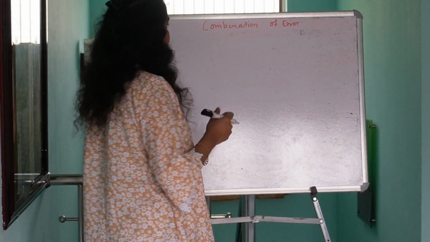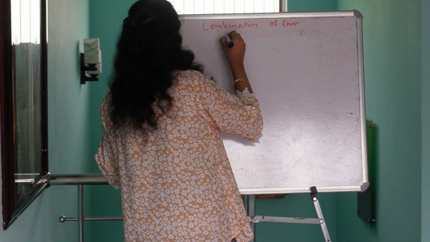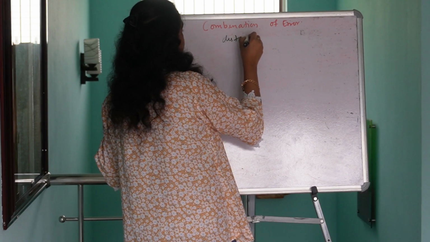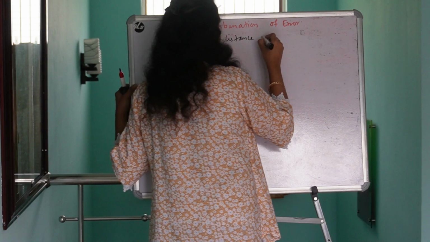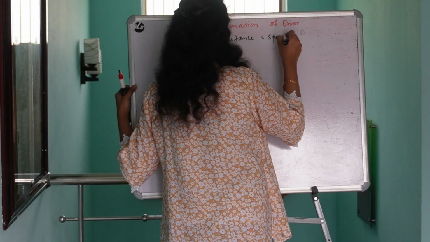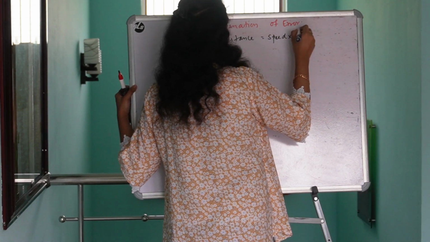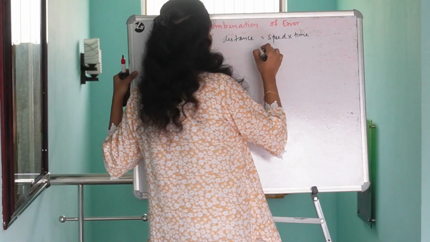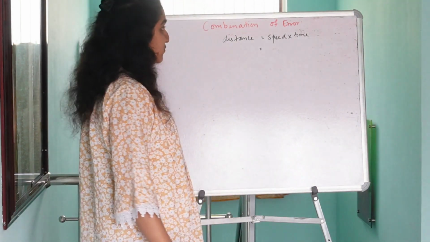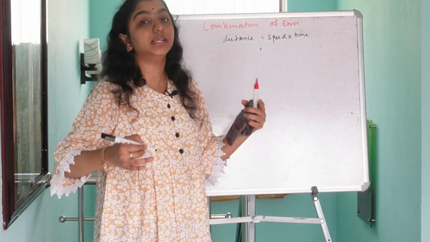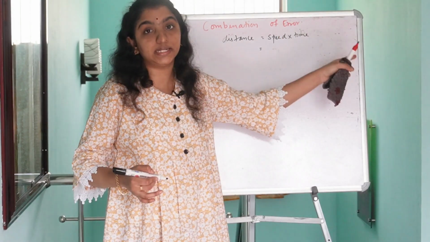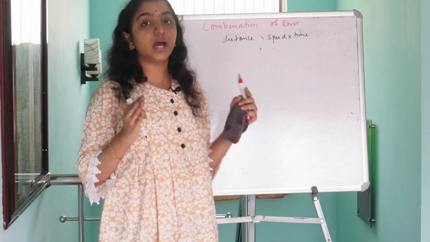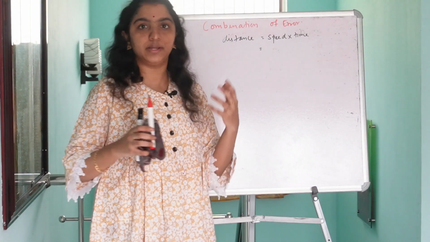Suppose here you are asked to find the distance travelled by some person A, using the given values of speed and time.